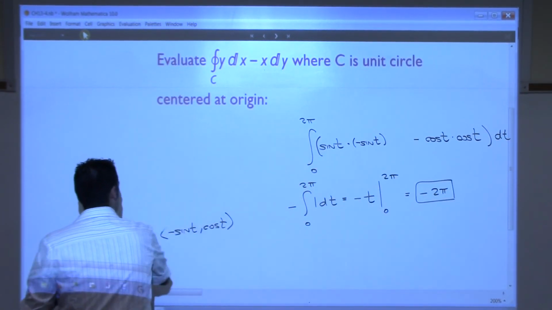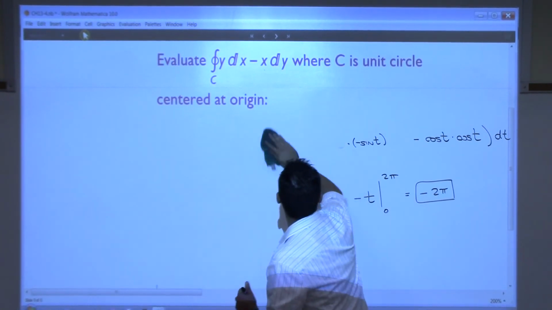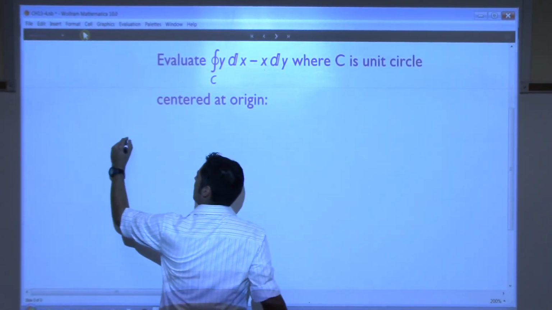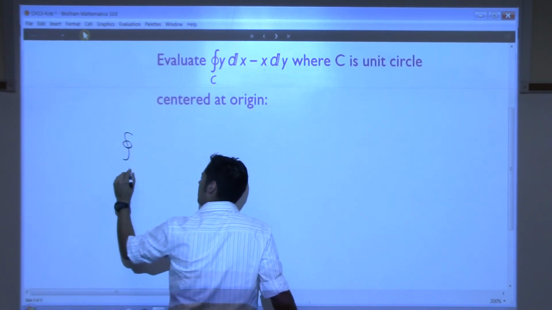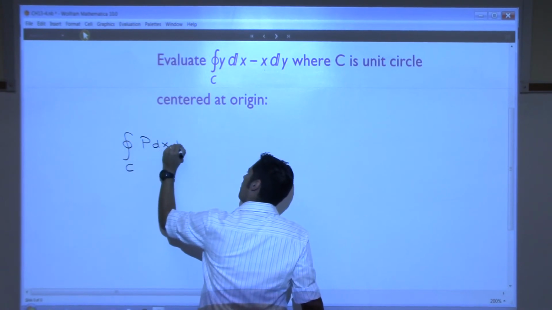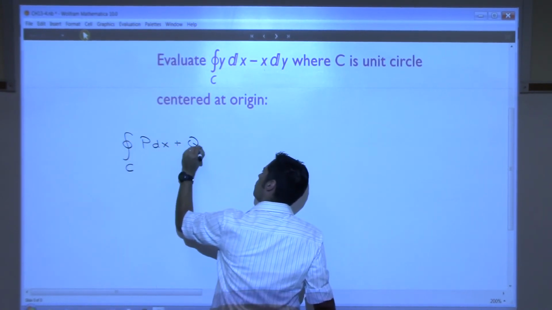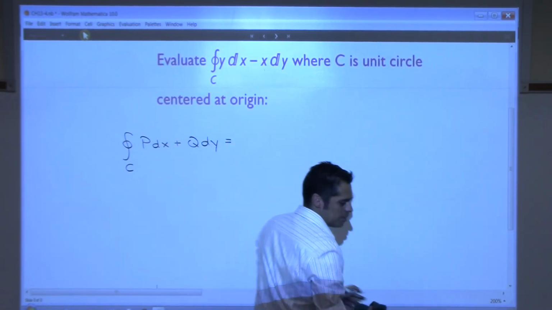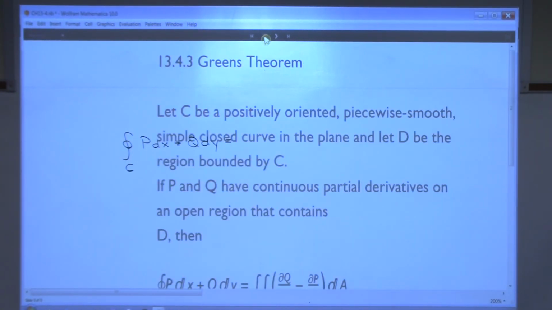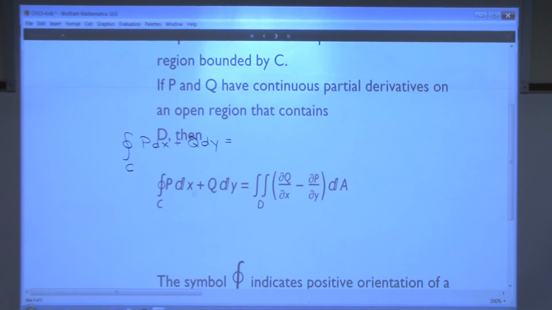So the second way is to use Green's theorem. Green's theorem says that the line integral over positively oriented curve C of P dx plus Q dy is equal to, so I'm going off the previous note, just so you all know when I refer back to it, I'm looking at this right here.